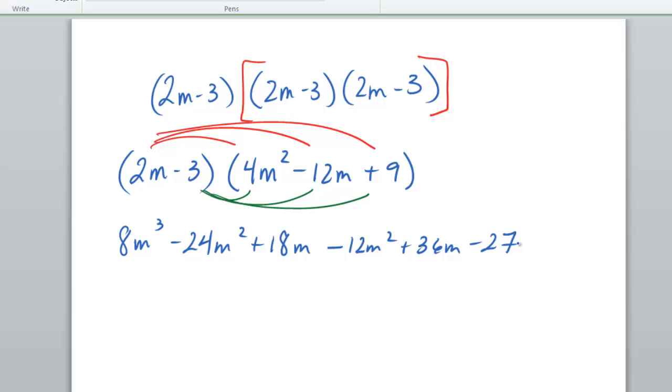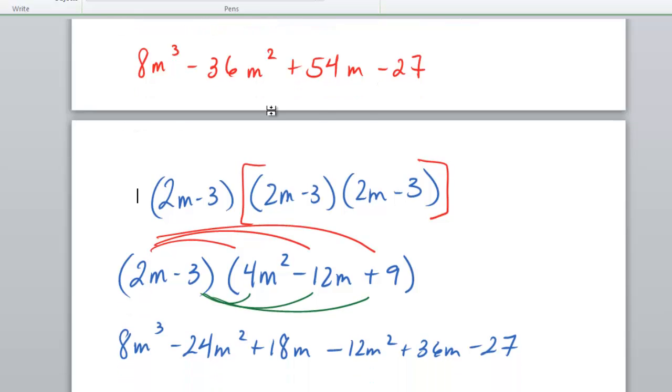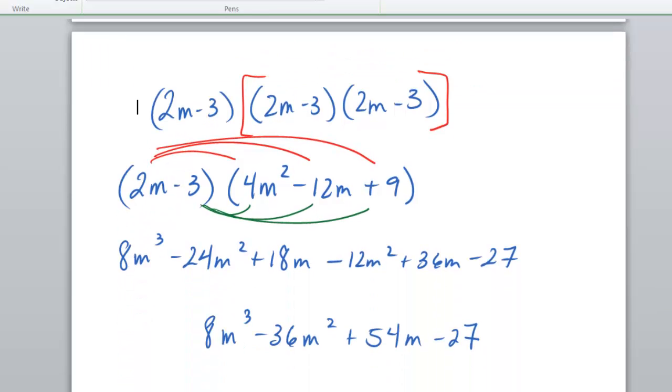And then it'll be a matter of just combining like terms from here. And that gives us the same answer as what we had up there. And so whether we use the pattern or the distributive process, we're going to finish with the same exact answer. So you'll have to make that choice so that you don't make mistakes and you come up with the correct answer.